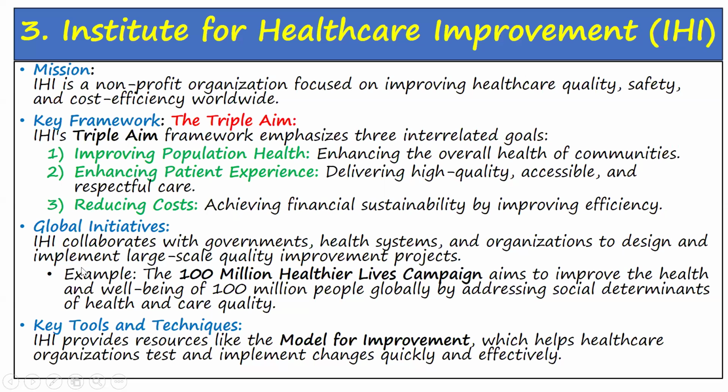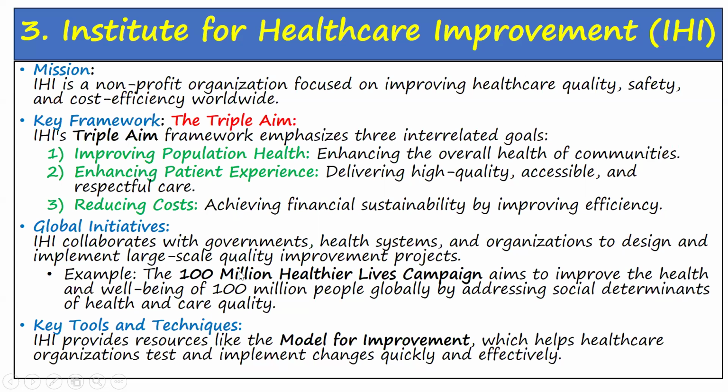Now, it has a lot of global initiatives. The Institute for Healthcare Improvement works closely with governments, health systems, hospitals, and organizations, the NGOs, to do what? To design and implement large-scale quality improvement projects.